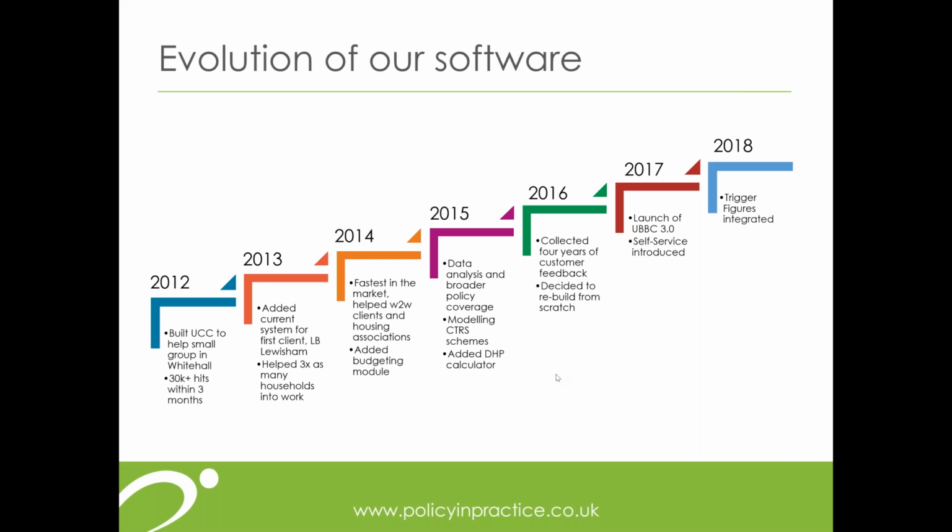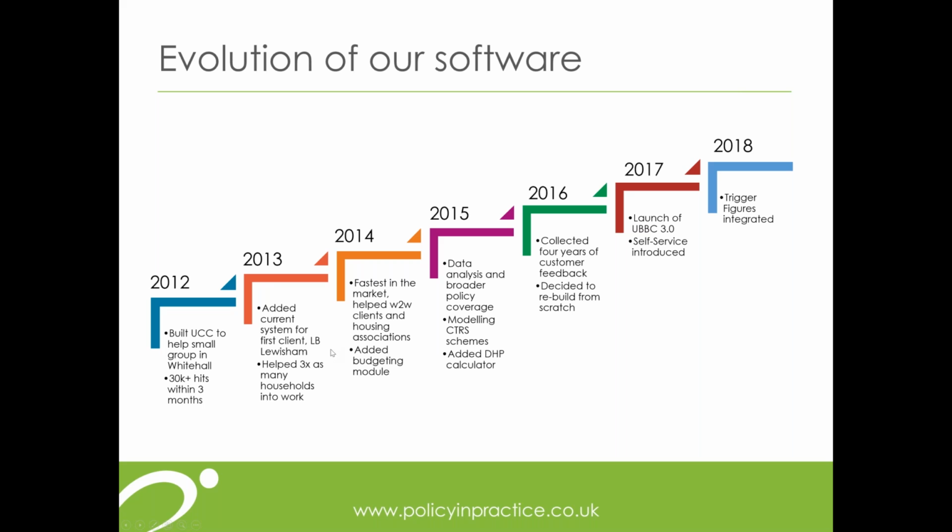He built our Universal Credit calculator to help explain the concept of universal credit and what it actually means. He put the calculator up on a website, and within 3 months it had 30,000 hits. I think this was a testament to the challenge that we all have in trying to understand the welfare system itself.